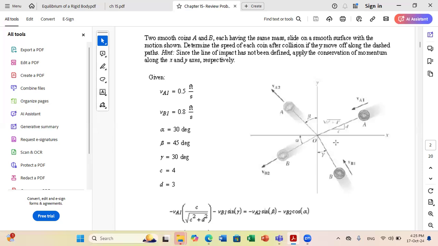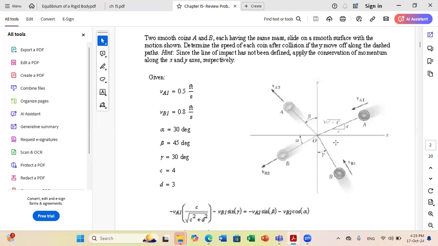And what will be the 2 equations that you will write? If you take the system A plus B, you can apply conservation of linear momentum along x, and you can apply conservation of linear momentum along y. So this will be your 2 equations.